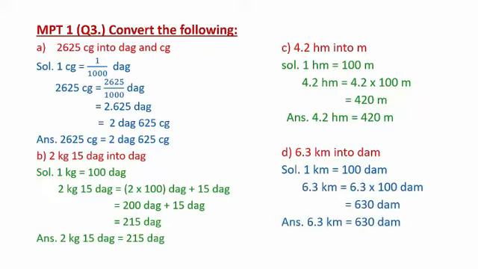So 6.3 kilometer, when we convert it into decameter, we will multiply by 100. That is 6.3 into 100, which is 630 decameter. So the answer is 6.3 kilometer equals 630 decameter.